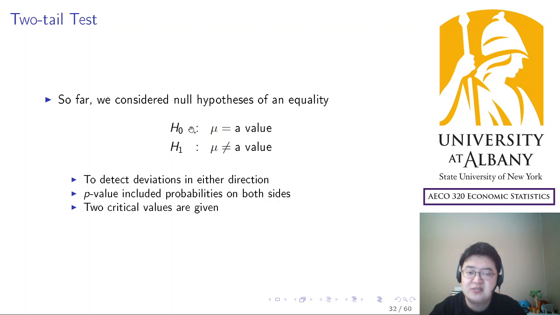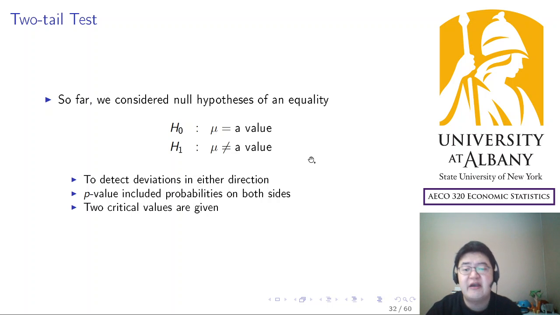So I only considered the null hypothesis that the population mean equals a value versus the alternative hypothesis that the population mean is different from the value. Then what we are doing here is we are going to reject the null hypothesis if the true mean is too small or too large, right?